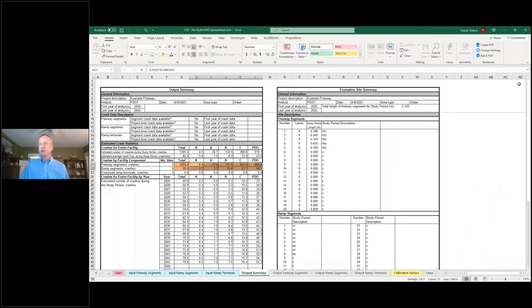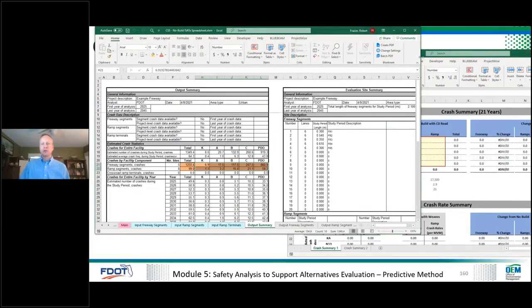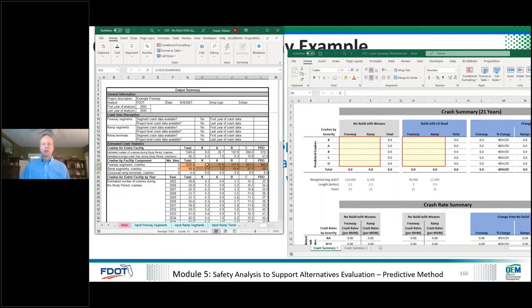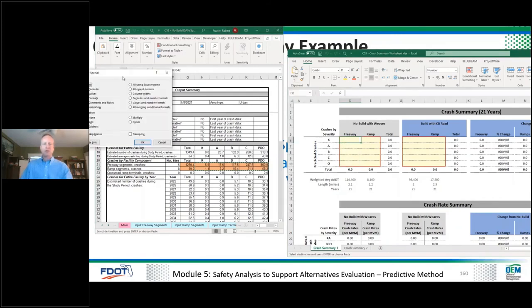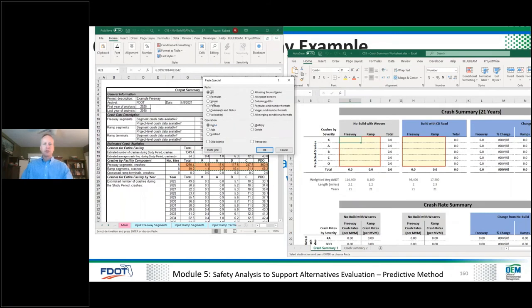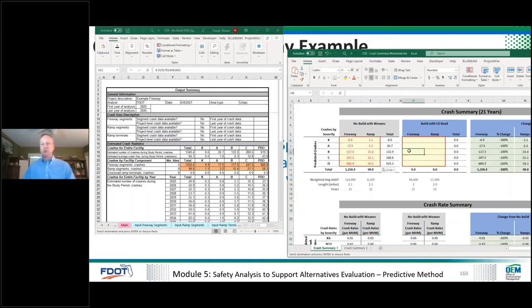I'm going to do a copy paste here. I'm going to highlight those, do a copy, go to the other cell, do a paste special, values, and transpose, and okay, that puts them right in there.